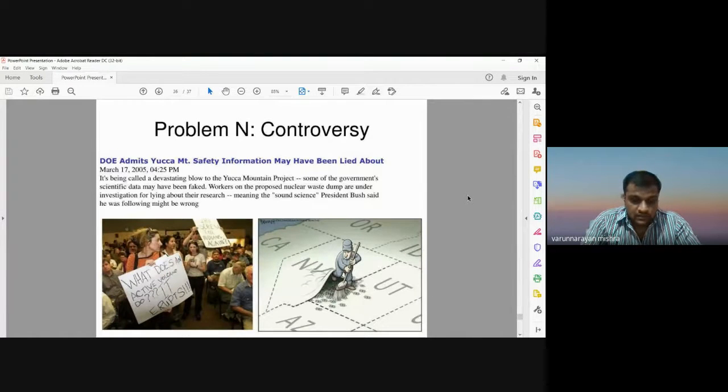So in the decision making process, sometimes there may be controversy if you are not taking care of all the factors related to the socio-economic condition, the environmental condition, and other factors which may directly or indirectly affect your decision making process.